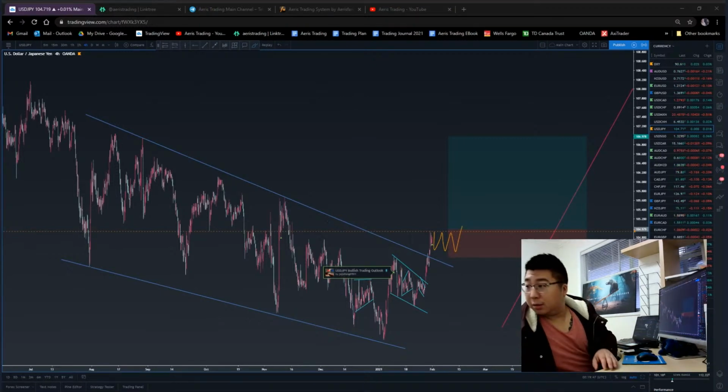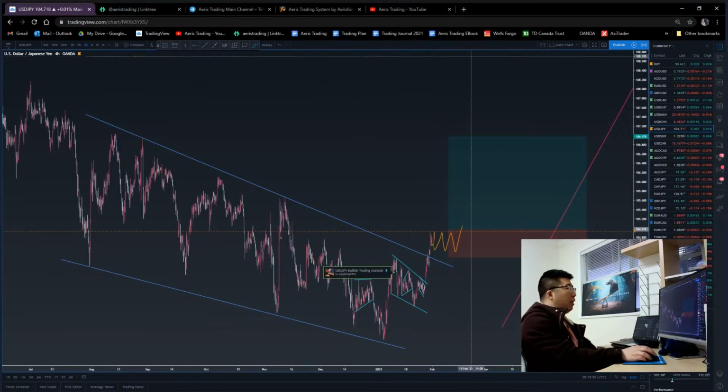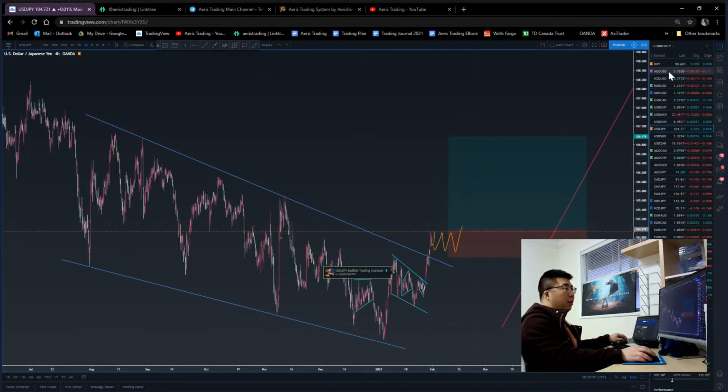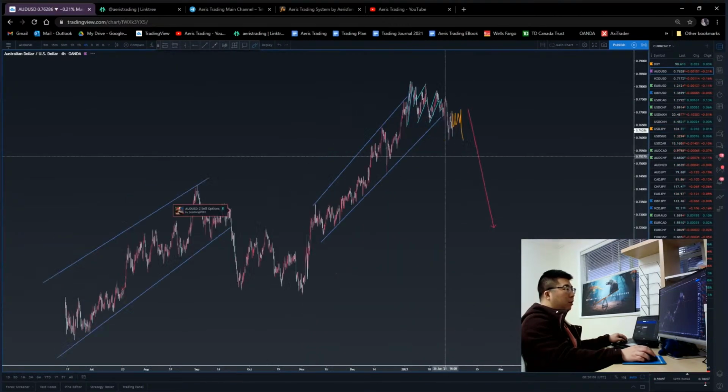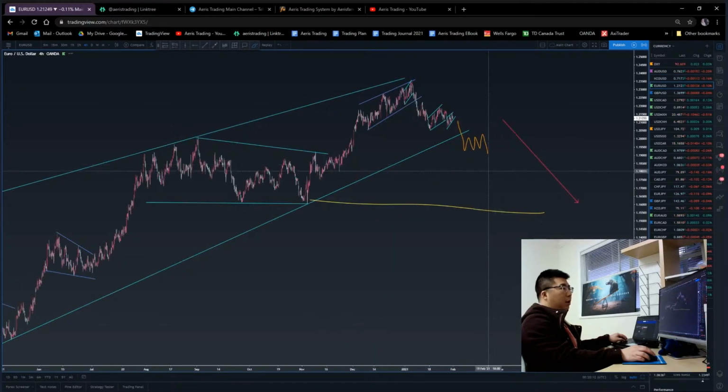Give me a second. What's my outlook on the dollar strength this year? Well, I do have a bias for dollar continuation on most of the dollar pairs. Most of them are at an area where they could really fall, leading to the next bearish move, right? Aussie dollar, Euro dollar as well.